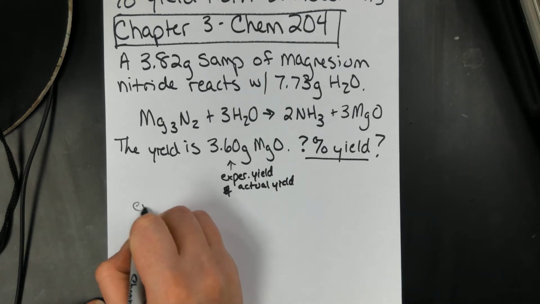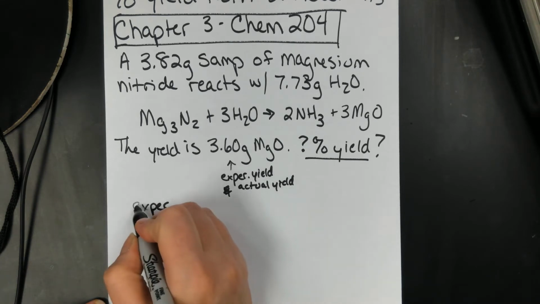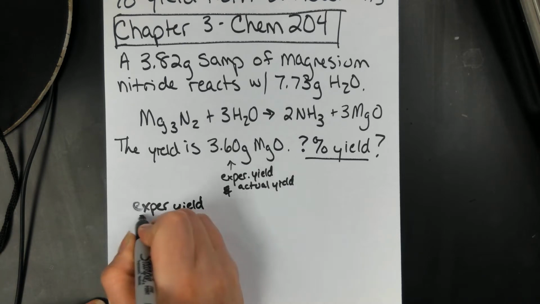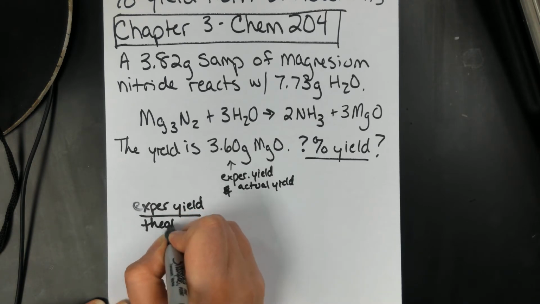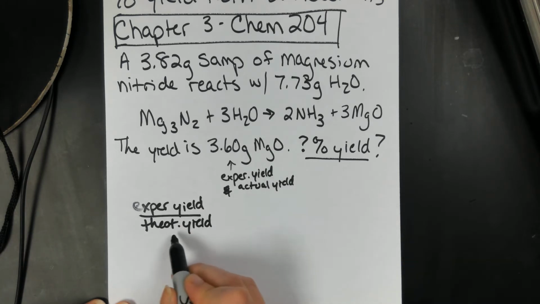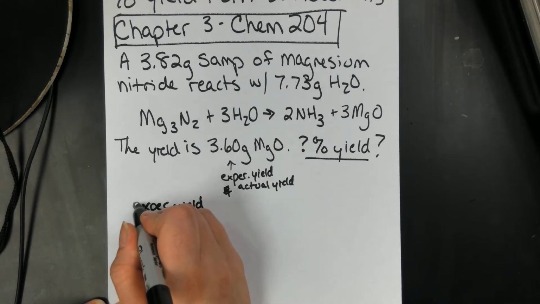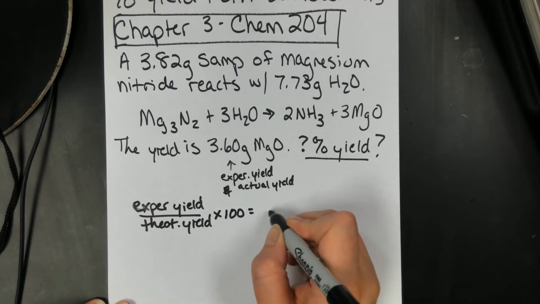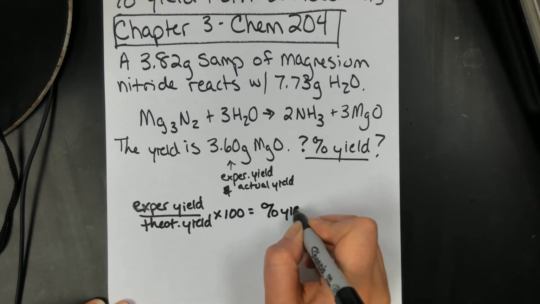It is the experimental yield divided by the theoretical yield. Now you might be rolling your eyes and being upset, but theoretical yield is something you're going to have to calculate each and every time we do something like this. So the theoretical yield, and then it's times 100, and that equals percent yield.